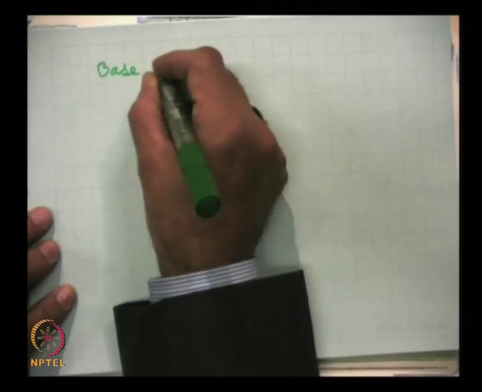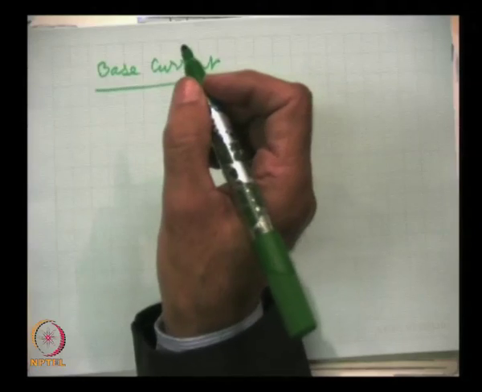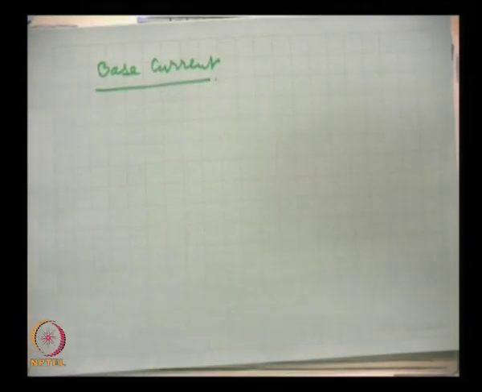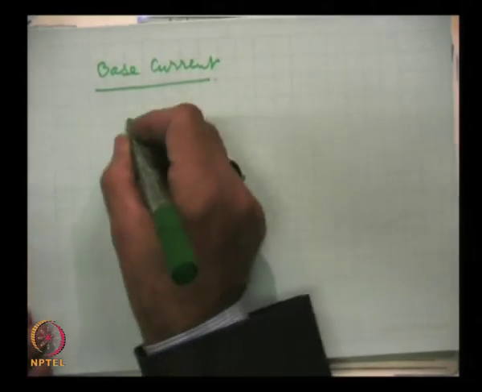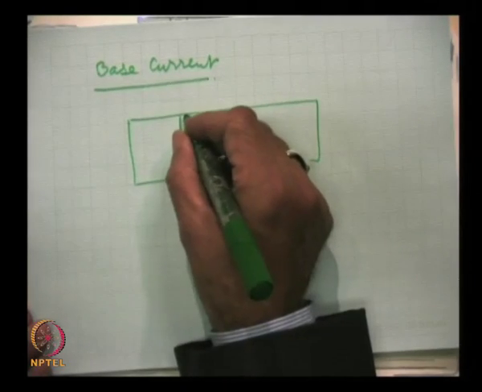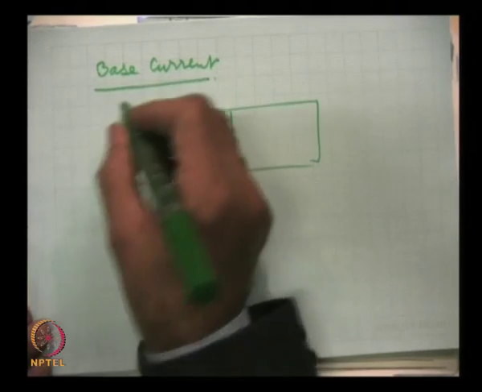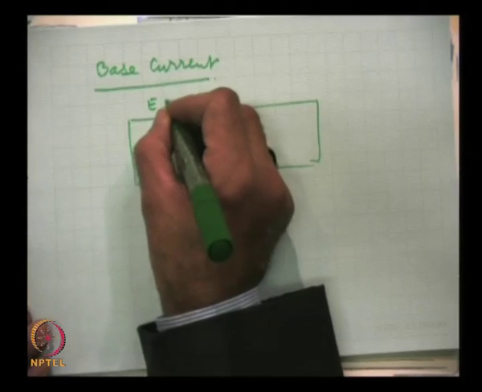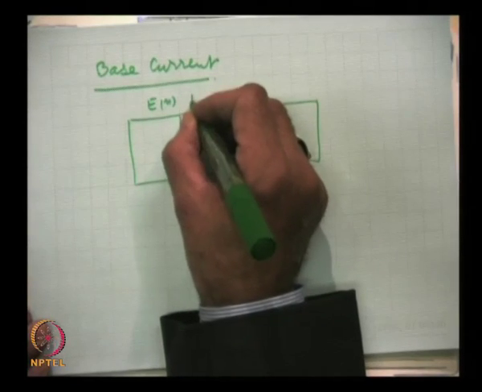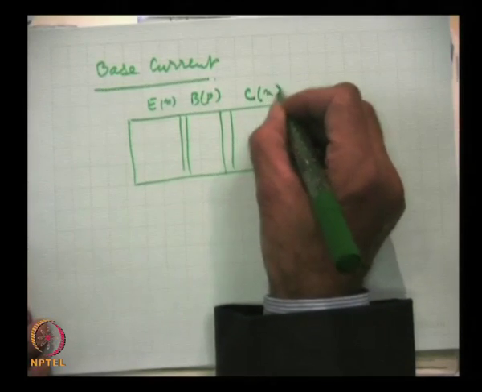Now, we talk about the base current. Base current also has two components. This is the N type emitter, this is the P type base, and this is the collector, again N type.